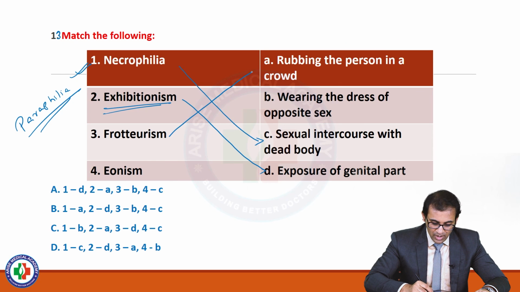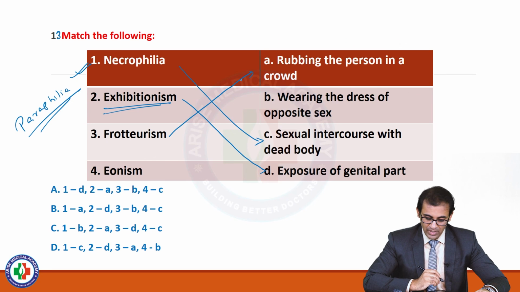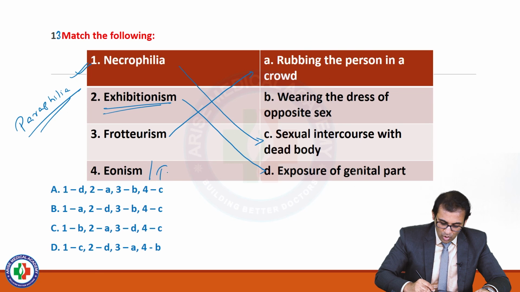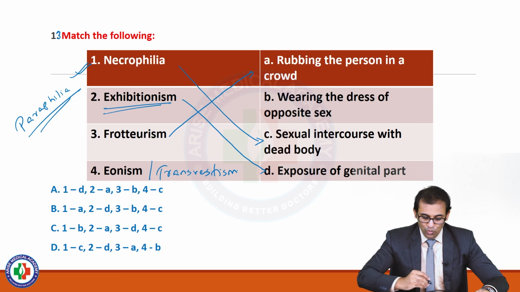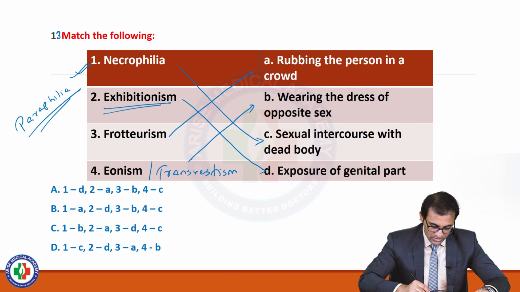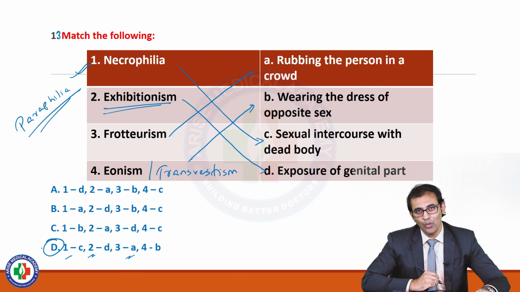Now, eonism. Eonism is also called transvestism, wearing the dress of the opposite sex. So 1 is C, 2 is D, 3 A, 4 B. So D is the right answer.